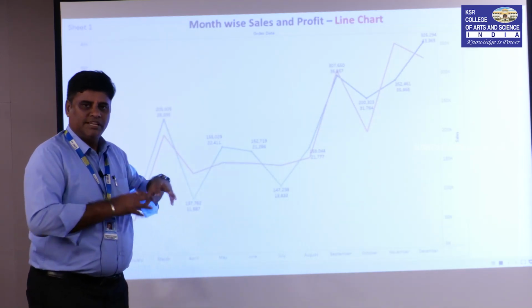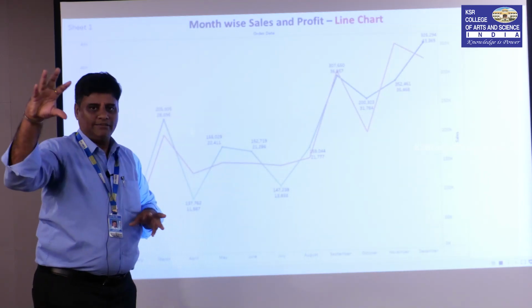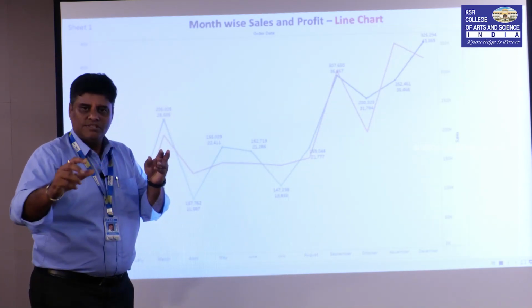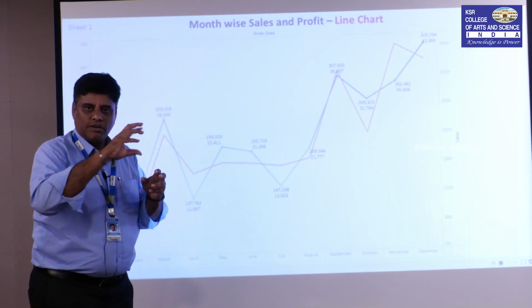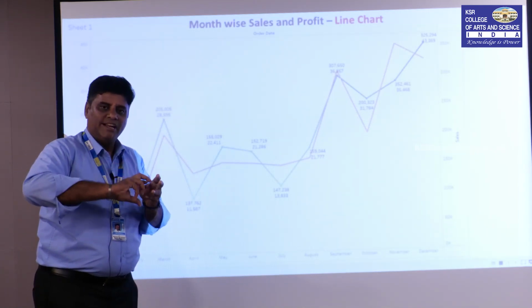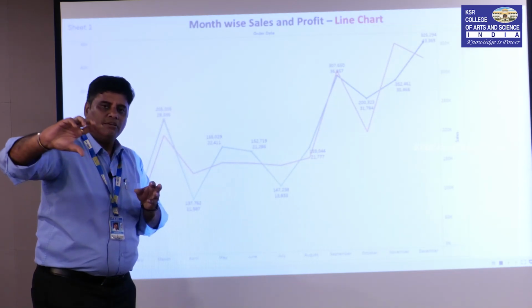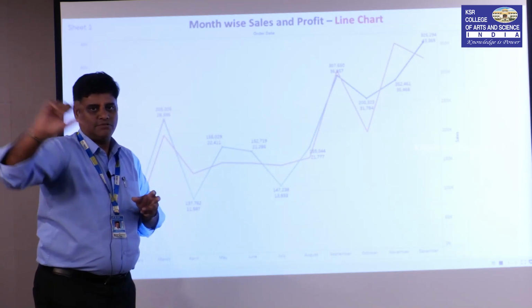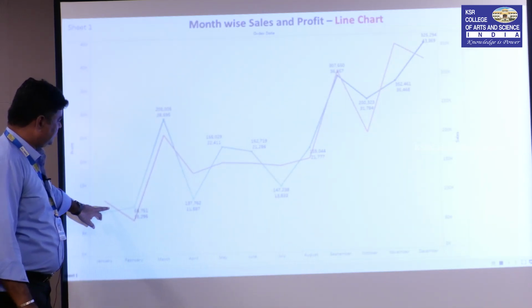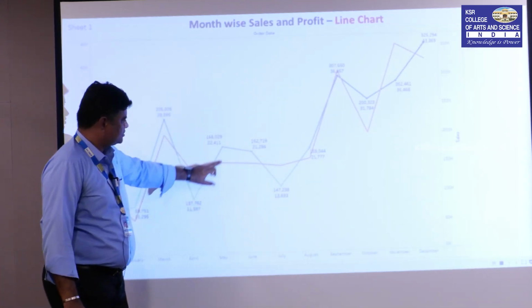If sales go up but profit goes down, it means you are losing something. Gradually, when the sales and the profit are both in the upper range, you see here the sales and the profit start here and go up.